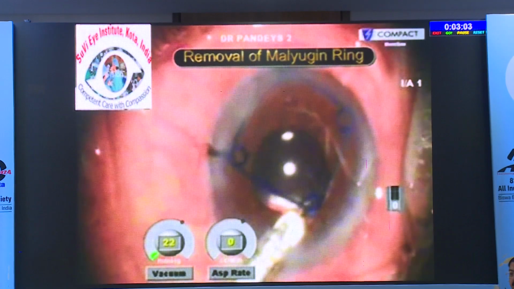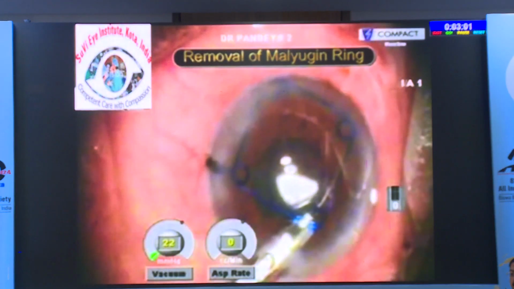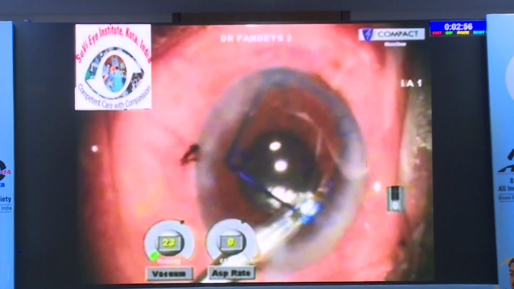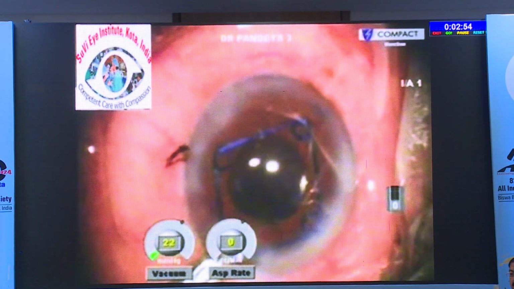So there is no single trick here. It is a multi-pronged approach for management of phacoemulsification in small pupil as well as in IFIS cases.